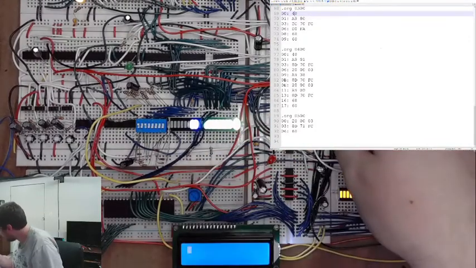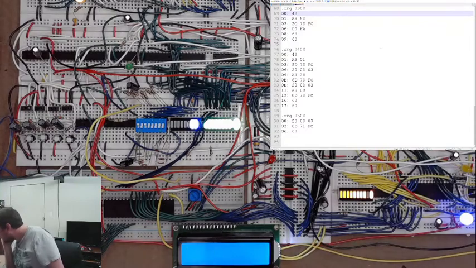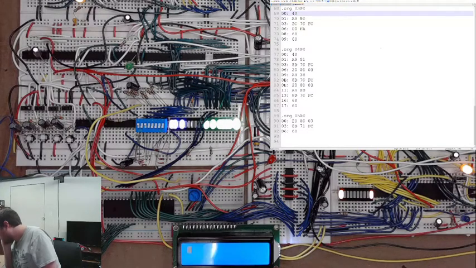We can allow it to clock as slow as molasses. And we can watch it as it runs through the instruction.